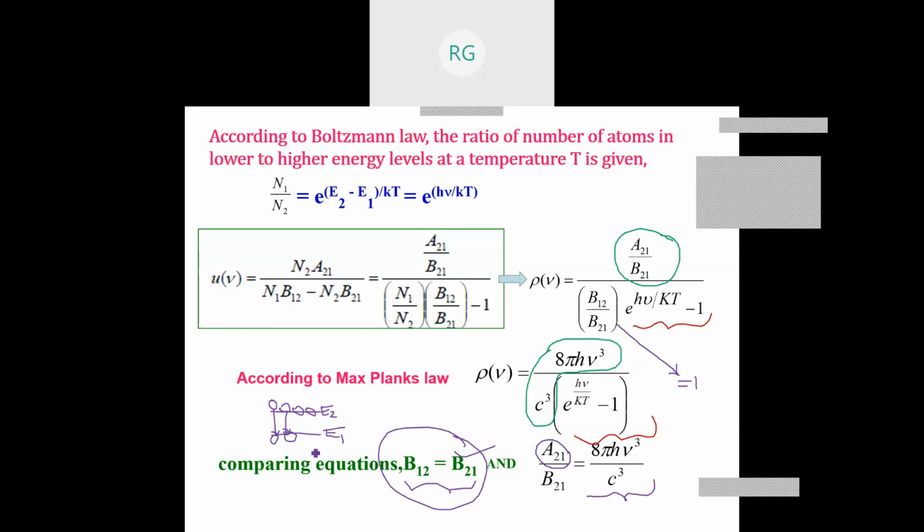Therefore, by pumping from E1 to E2 using an external source, you cannot achieve a higher number of atoms in E2 than E1 if I have only two energy levels.